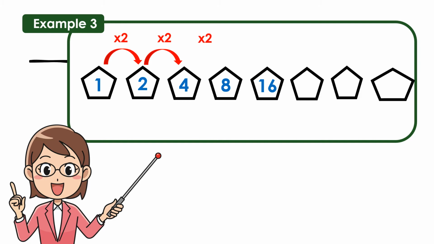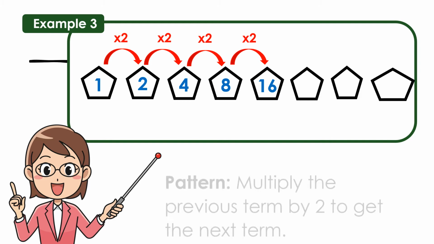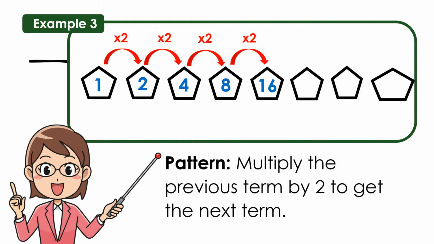If we multiply 2 to the third term, we get 8. If we multiply 2 times 8, we get 16. Now, what is the pattern? The pattern is multiply the previous term by 2 to get the next term.